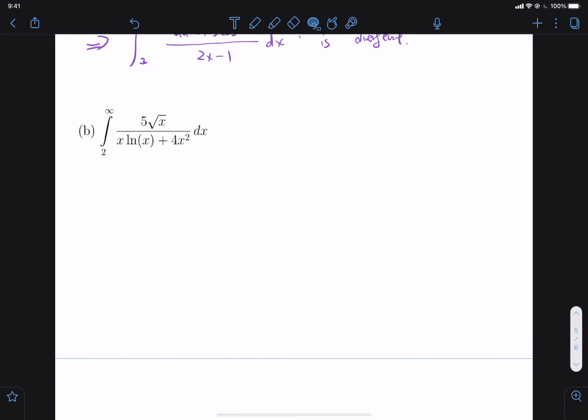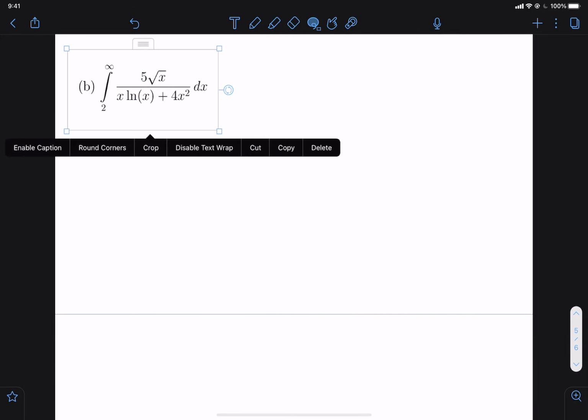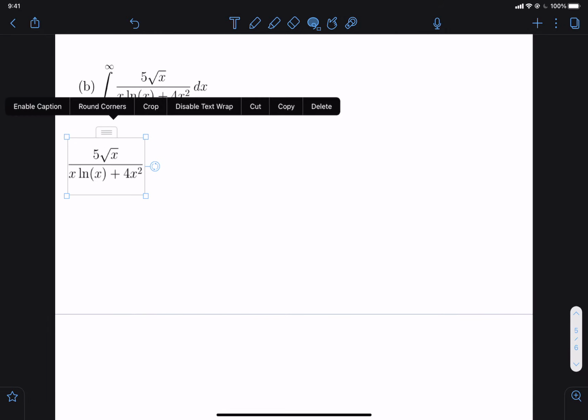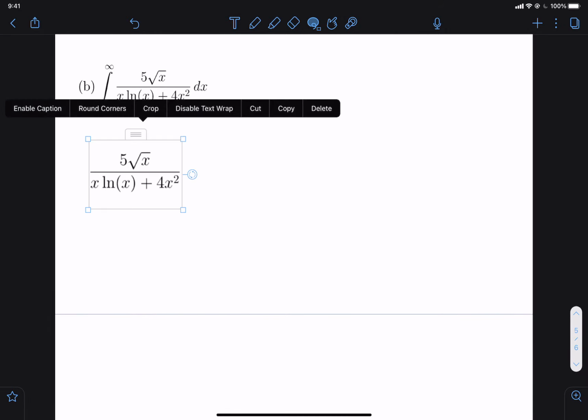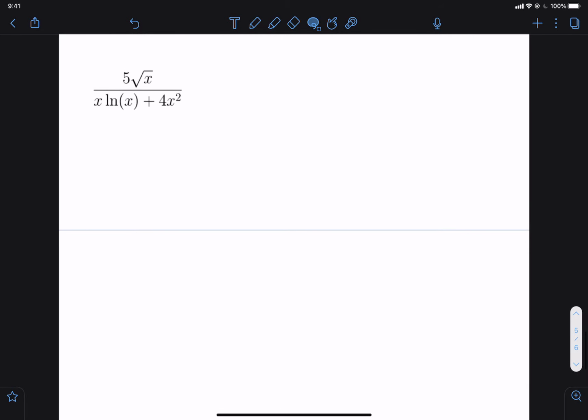Okay. So now the function we need to work on is this one. I take it out. Right. And what can we do about this?